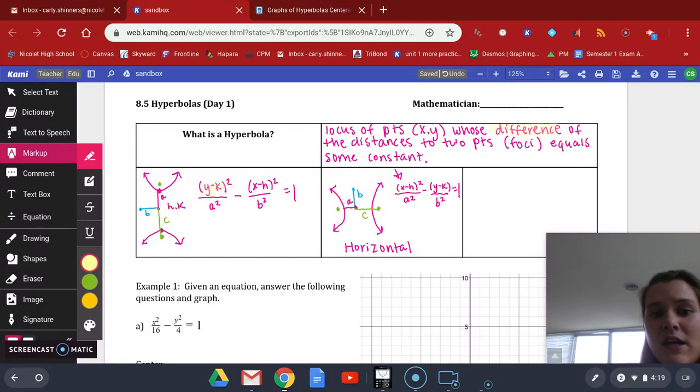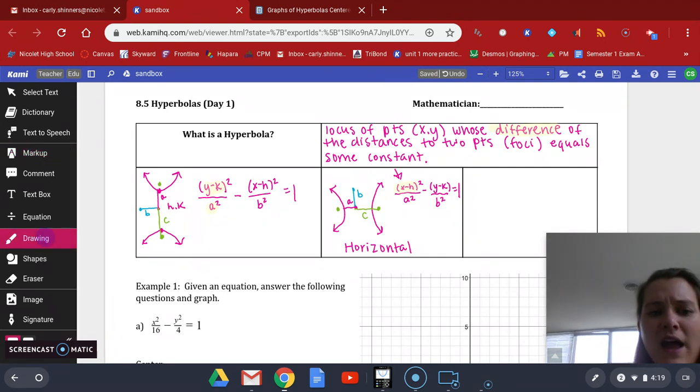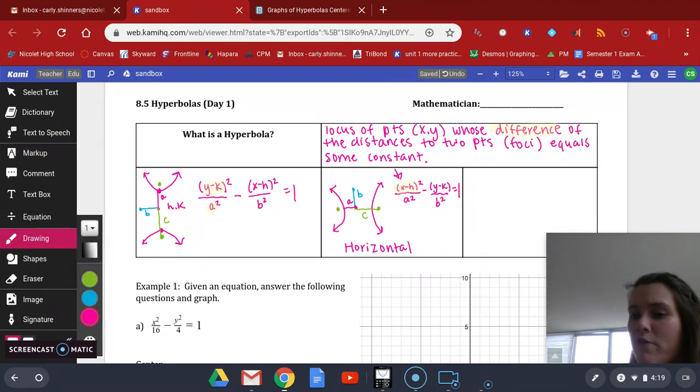Is it y minus k or is it x minus h? So you just swap those. The a value is always with the major vertex though. So don't worry too much about what's a, what's b. Just remember, if it's under that first piece, that's going to be the major vertex. And we'll do examples in a second.